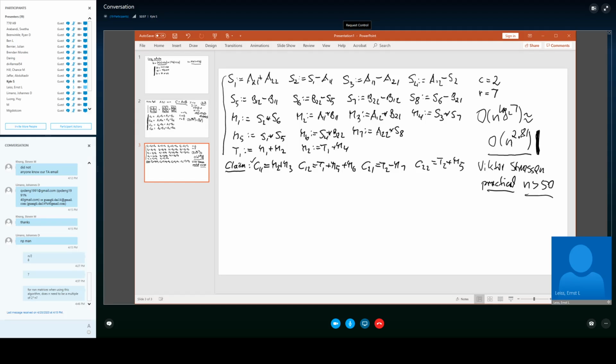Then let's pick the next one, C12. So we have T1 plus M5 plus M6. So T1 is M1 plus M2. This is now a good deal of busy work. Okay?